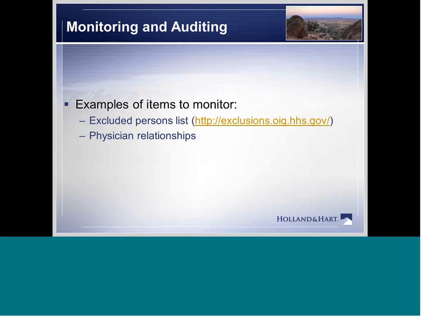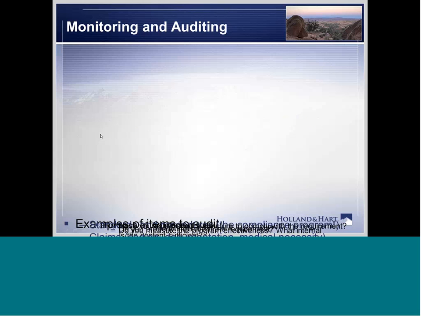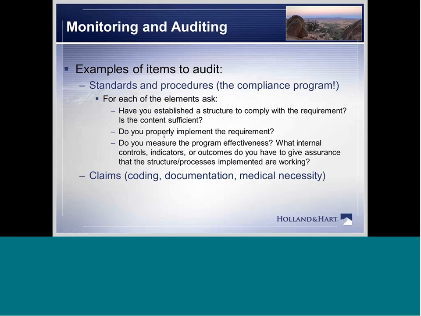A checklist of making sure that they've considered all the other relationships, that it meets any necessary exception or safe harbor, it's in writing, X, Y, and Z. So these are things that they can monitor on an ongoing basis to make sure that they're staying compliant with the requirements of the respective laws.